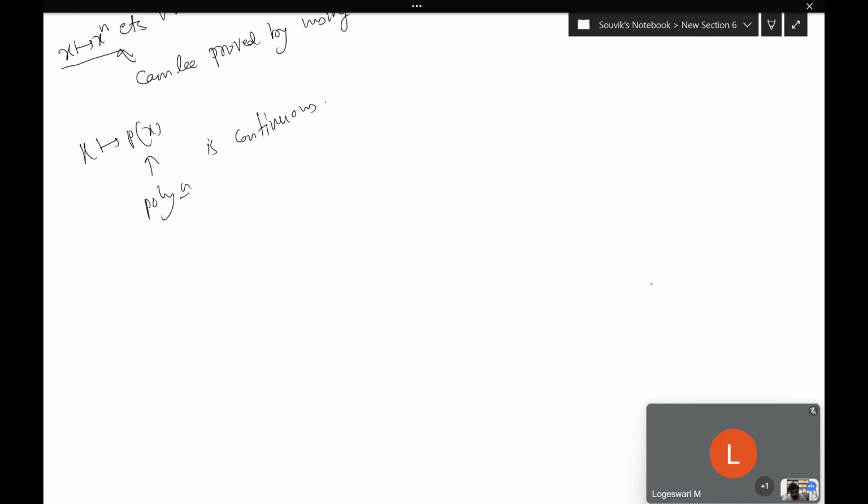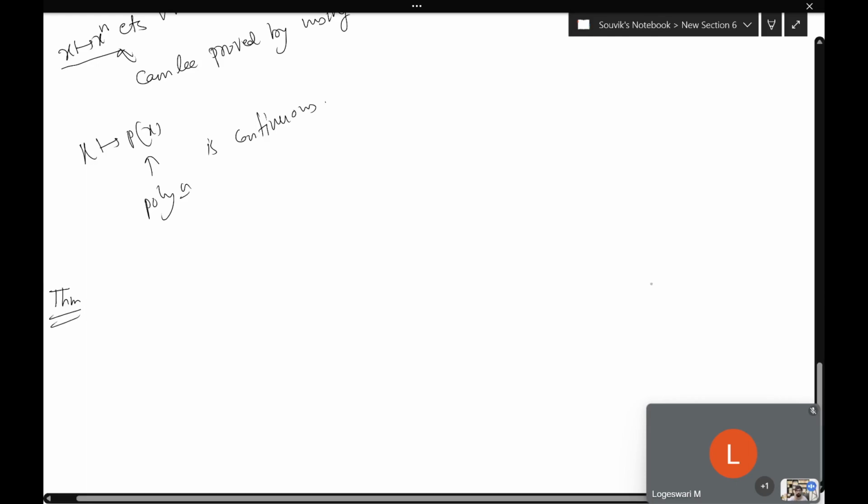Before starting the problems, there is one important theorem. I know that the sir has already done this theorem in the class, but I think it's better to recall the statement of this theorem.